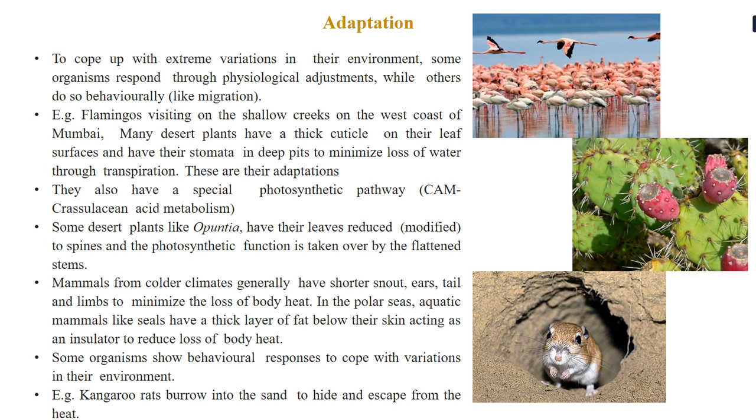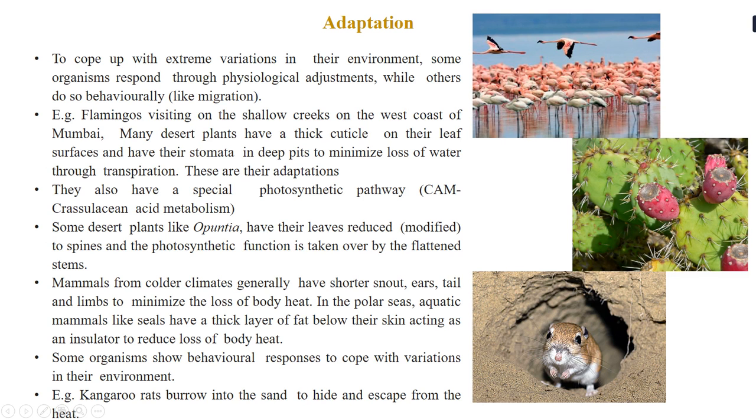This is due to the environmental condition. There is a lot of heat in the desert area, and this particular plant has to protect itself and it has to minimize the loss of water which takes place due to transpiration. And so they have modified themselves in a way that their leaves are reduced in the form of spines.